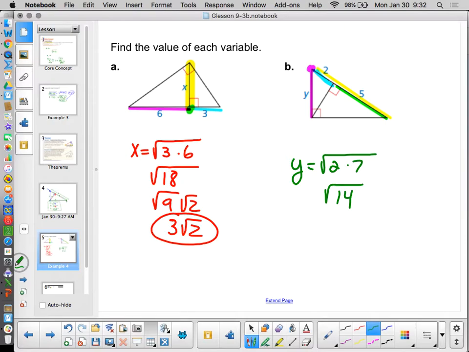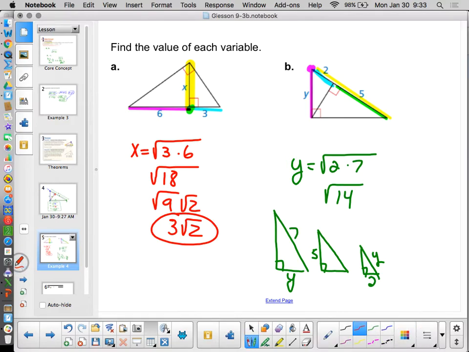They would draw their Papa triangle, Mama triangle, baby triangle, and say, okay, my Papa triangle, I've got the hypotenuse is 7, the short side is Y, and that's all I know. The Mama triangle, I know the long leg here is 5, but I don't know anything else. Baby triangle, the short leg is 2, the hypotenuse is Y. Aha.